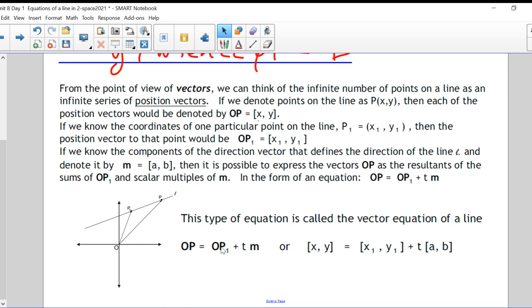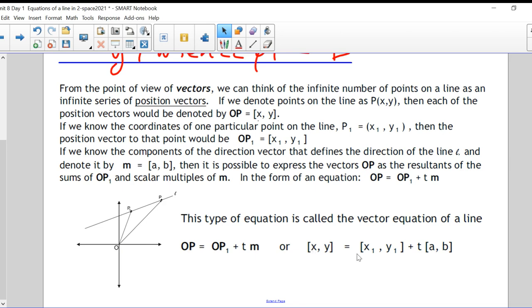We can define the vector equation of a line as being some point on the line, x1, y1. So they give you any point, and it could be any point on the line. So you're going to give the coordinates of that point. And we're going to try to extend that to 3 space eventually as well. So this is how we define the equation of the line.